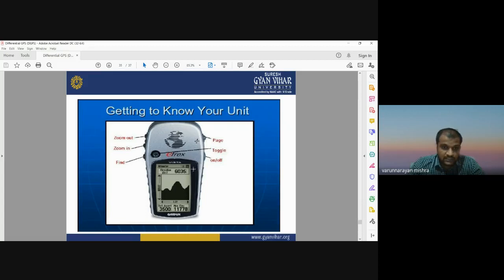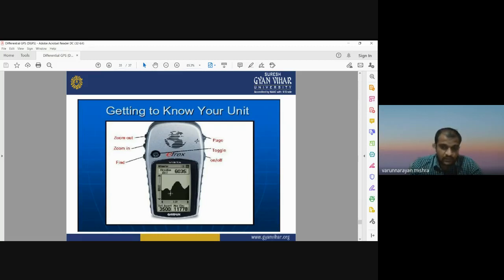All GPS receivers have some kind of display to visualize the number of satellites, the coordinates, latitude, longitude, elevation, and each and every piece of information. It's like a mobile. You operate it the way you operate your mobile, but it is only used for getting positional information in terms of latitude and longitude.